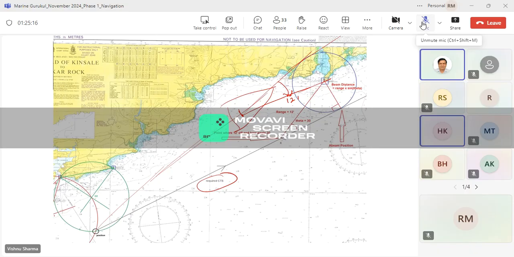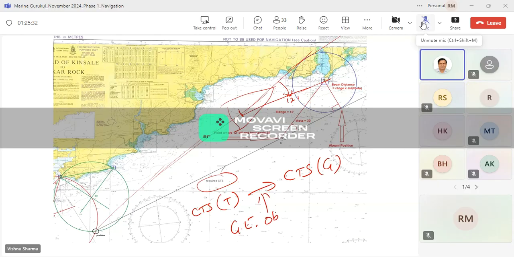If somebody gets 2 degrees low gyro error, he'll apply 2 degrees low. So you'll apply the gyro error that you have got in your first part. CTS true to CTS gyro, you will use the gyro error obtained in part 1 of the question. Is that clear, beta? Yes.